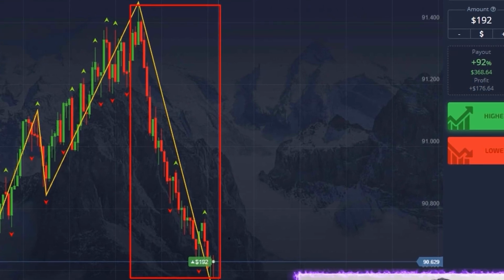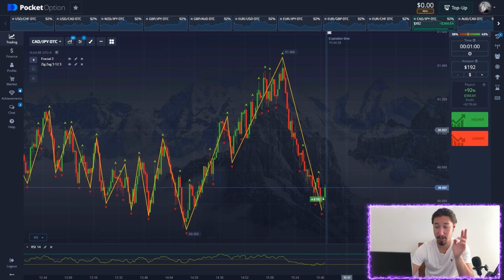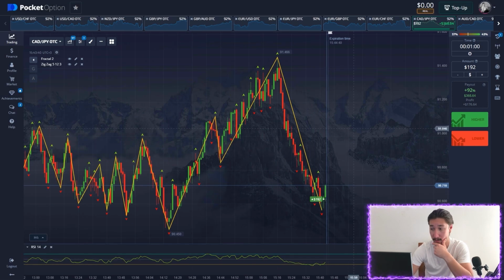That's why we opened with the trend and expect the price to go up. The pullback will definitely happen and the local high will be updated. I think the local low has been updated at this point, and now the price should go to the upside. That's why we open a long position in the direction of the trend, because of the OTC market.